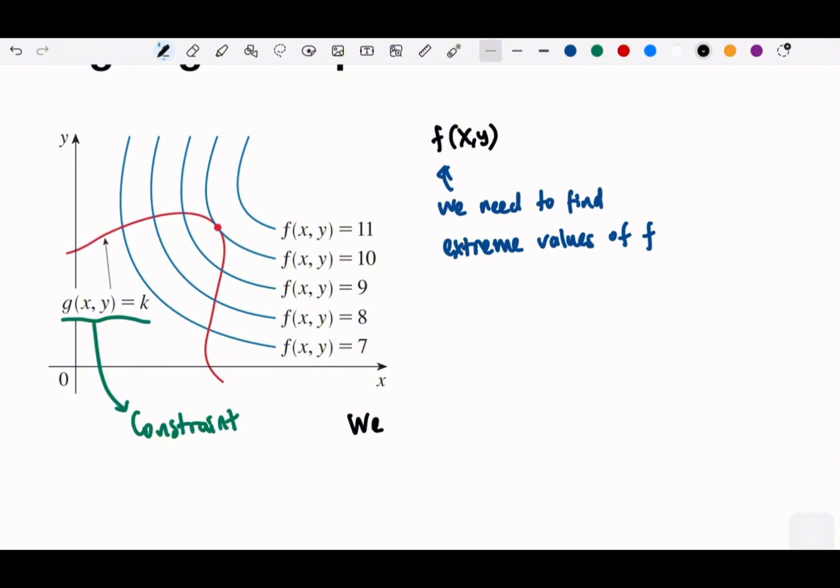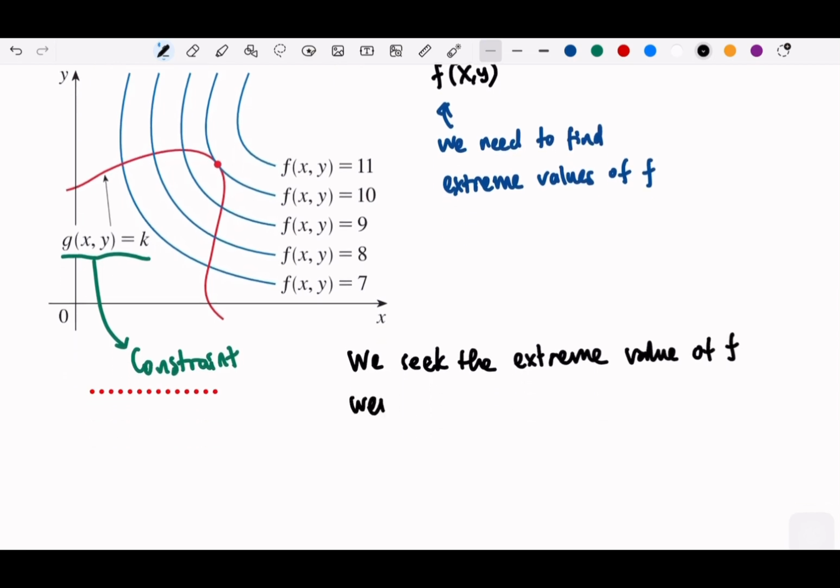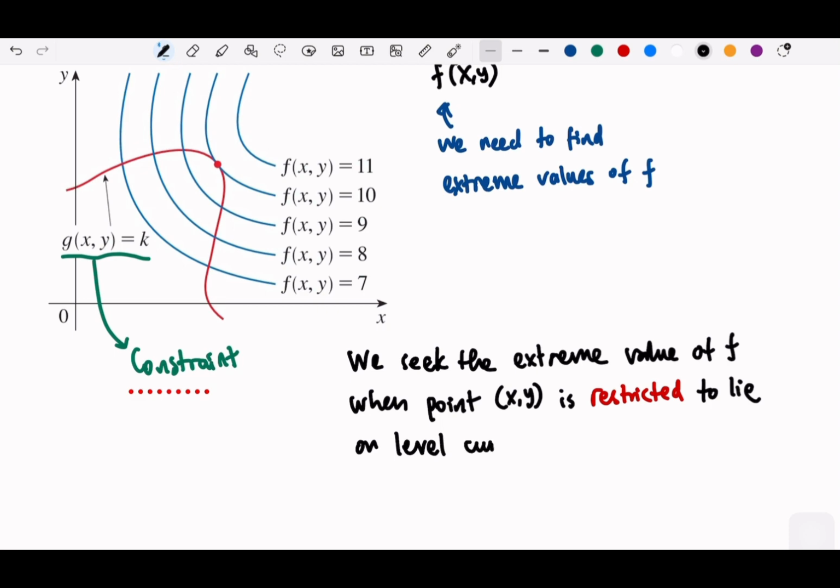So we seek the extreme value of f when the point (x, y) is restricted by the constraint, or restricted to lie on the level curve of the constraint g.